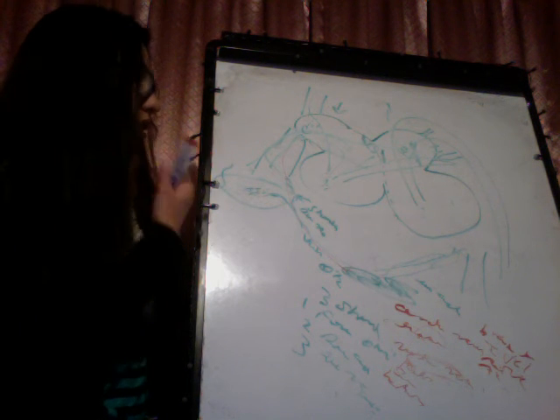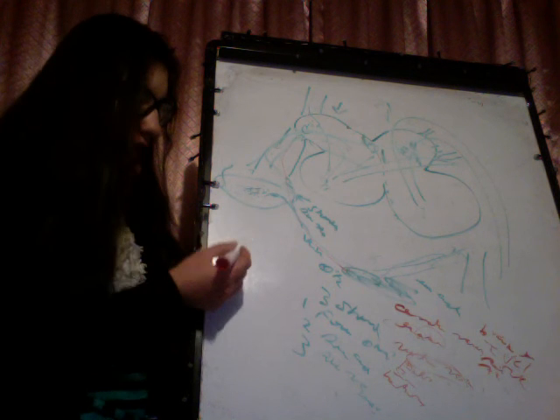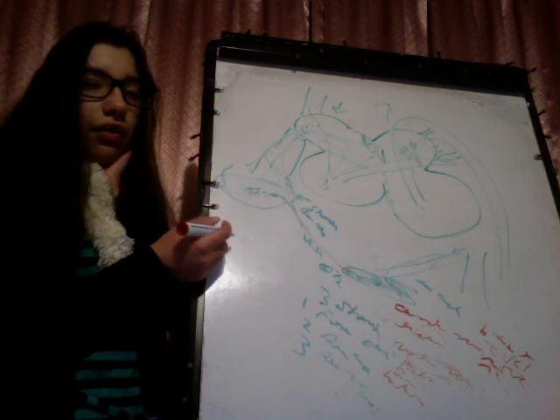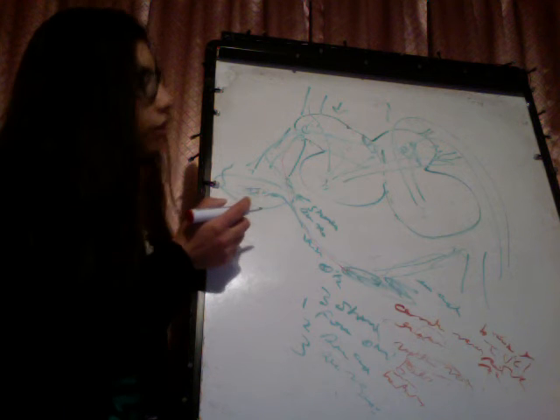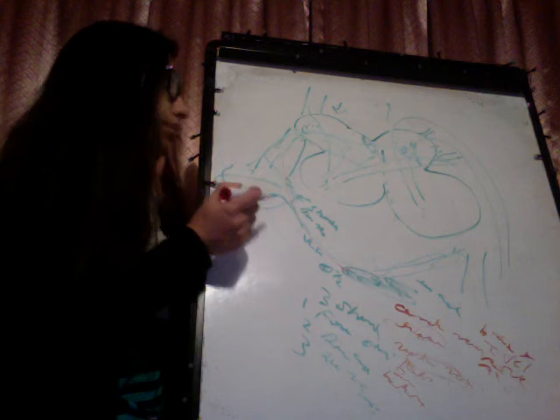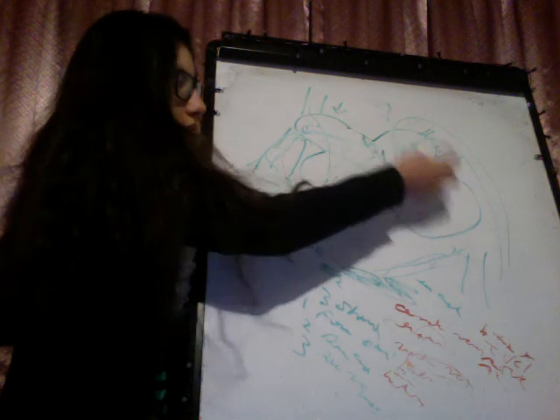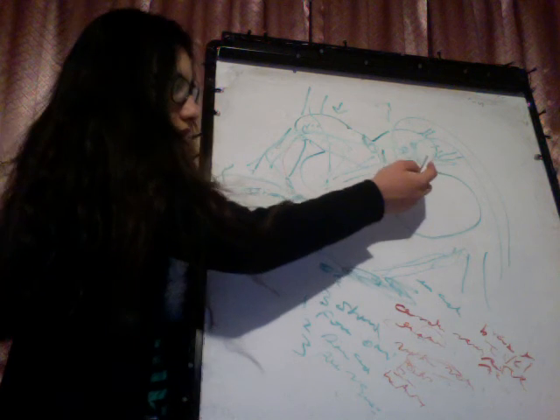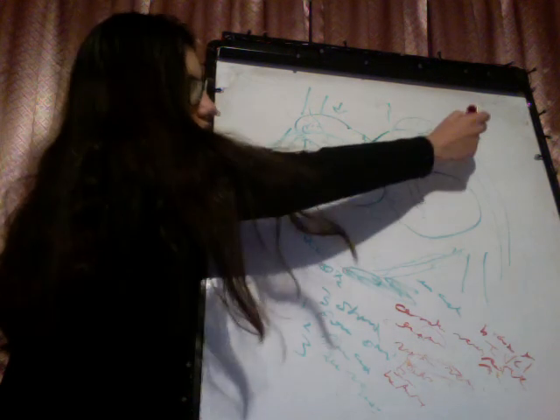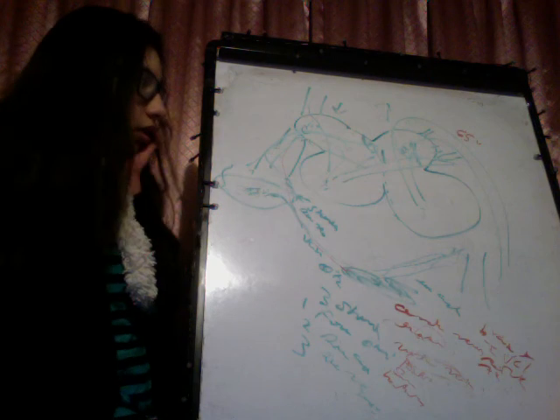Now, percentages of oxygenation. In adults, the percentage of oxygenation in the aorta is like 95. In the baby before it is born, it depends if we take it before or after the ductus arteriosus because of this shunt, but let's say that it is around 65%.